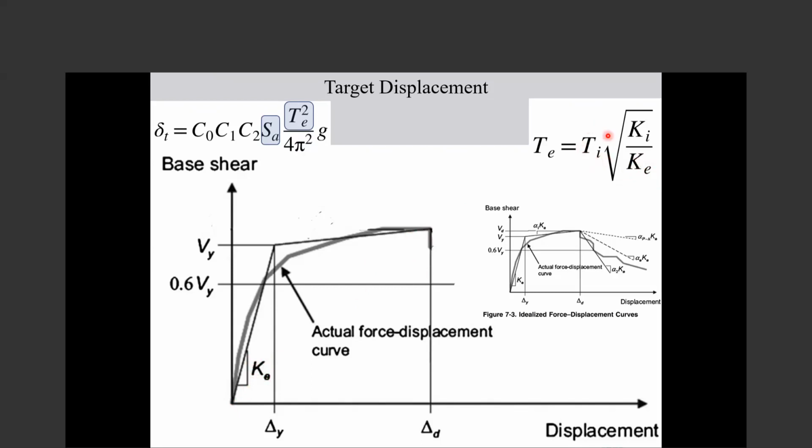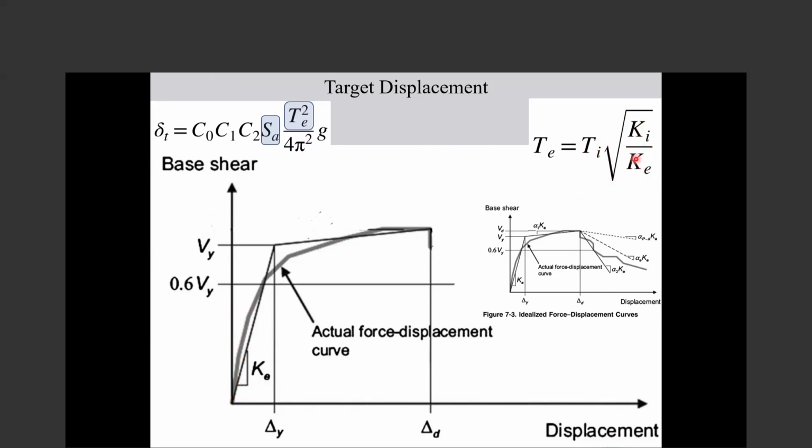You already have the period of the building, and you already have the tangent to this curve, which is the slope of that here. The slope is the initial stiffness. So the initial stiffness is known, the initial period is known.